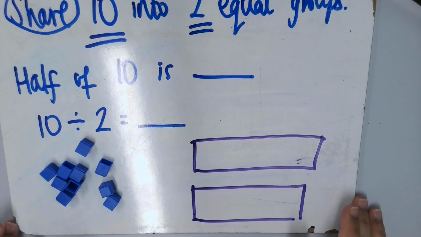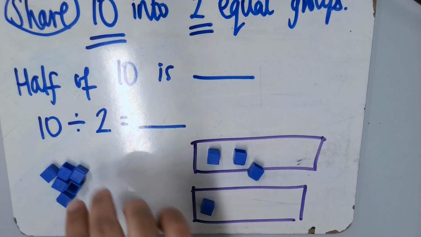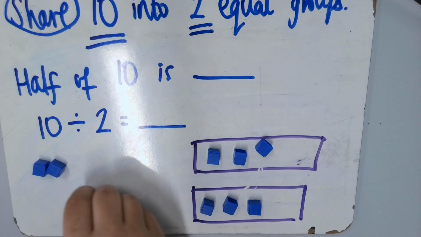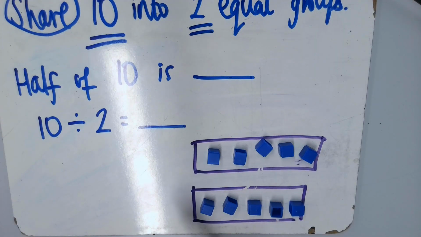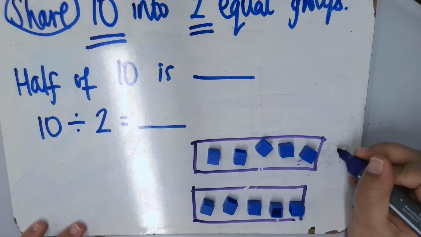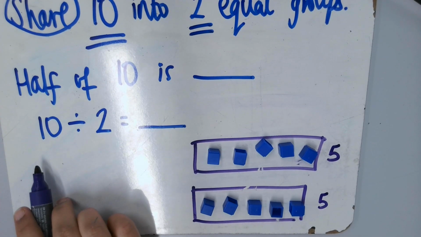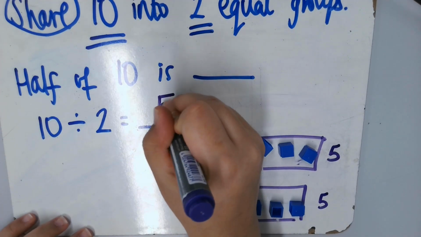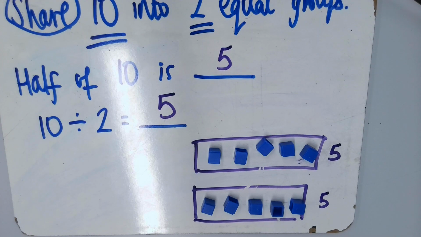Okay, 1, 1, 2, 2, 3, 3, 4, 4, 5, and 5. I've got 1, 2, 3, 4, 5 in my first group, and 1, 2, 3, 4, 5 in my second group. Great. So 10 divided by 2 gives me 5, or half of 10 is 5.